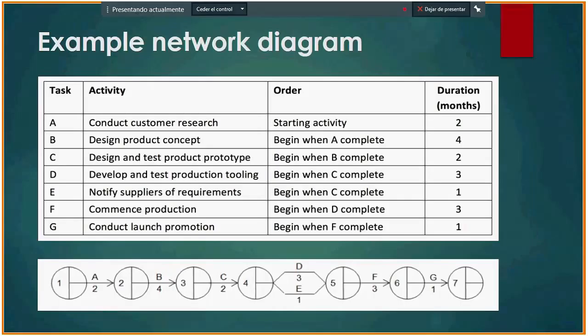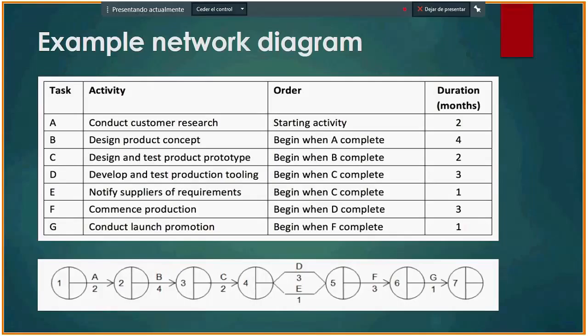Yeah, this is a linear diagram, no? Because most of the time you have different options and it's not linear, as we have some examples in the book where you can start another activity when B and C are finished, so you can put together some diagrams and the diagram is going to be different and not linear, no?